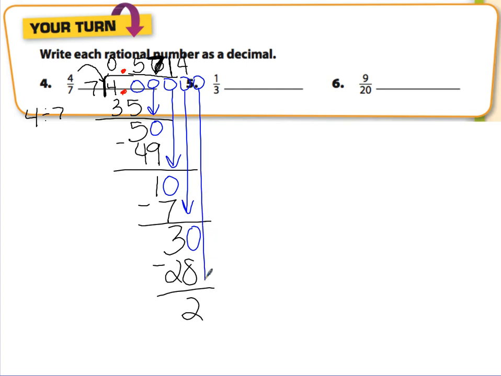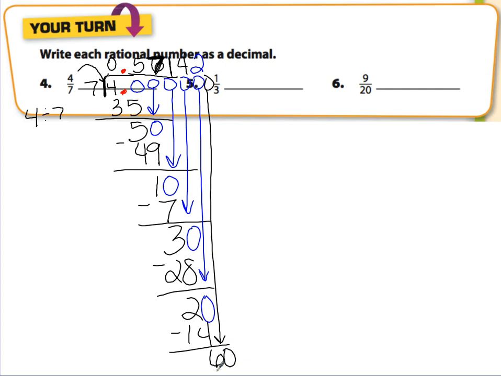Another 0, bring it down. Okay, 7 goes into 20. How many times? 2. Oops, I forgot to change my color there. Sorry about that. Goes into it 2 times. Minus 14 gives me 6. Okay, add another 0. Bring it down.